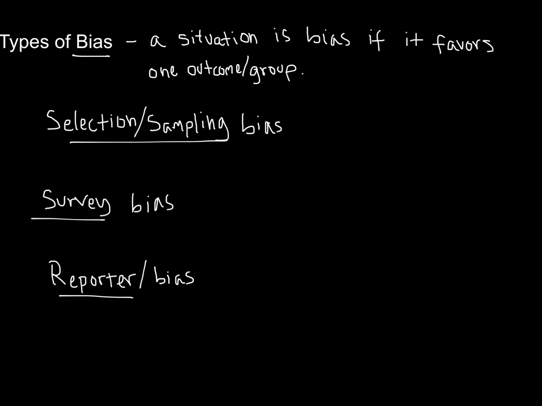Maybe you're picking people by walking around and choosing the people you like the best. You're not going to get a very accurate reading of your population. So you need to make sure that your sample is a random sampling of the population.